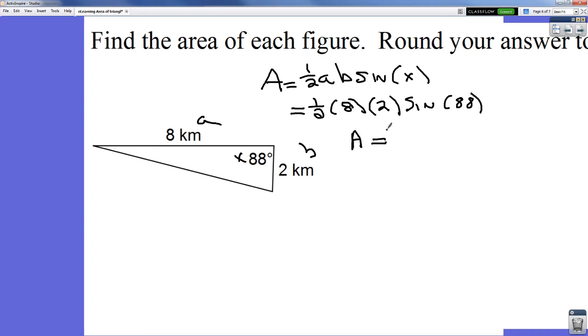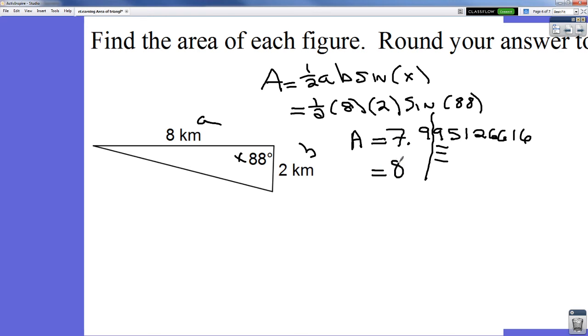the area is equal to 7.995 12616, and you're going to look at that and you're going to say, all right, well, that 9 rounds this 9 up to a 10.